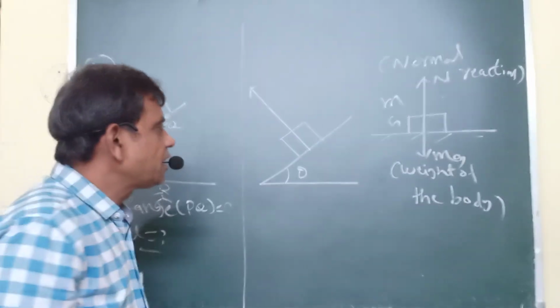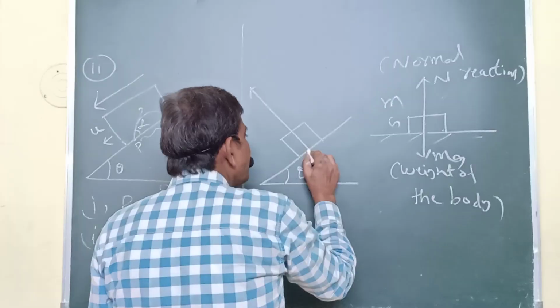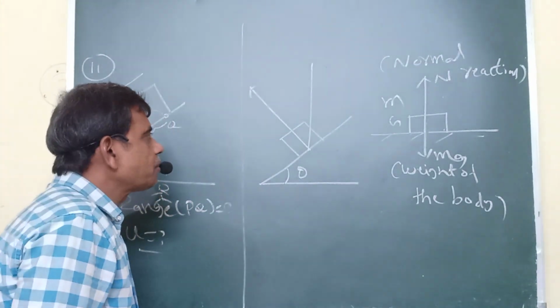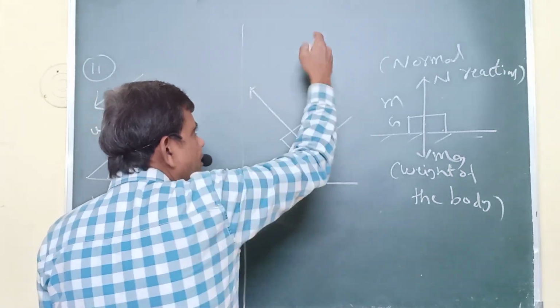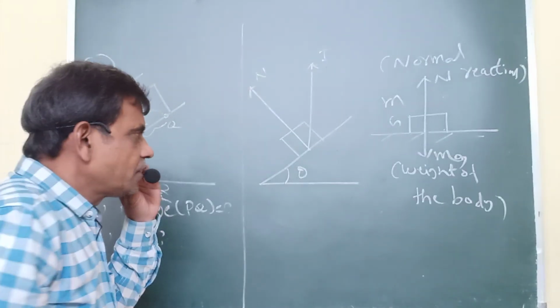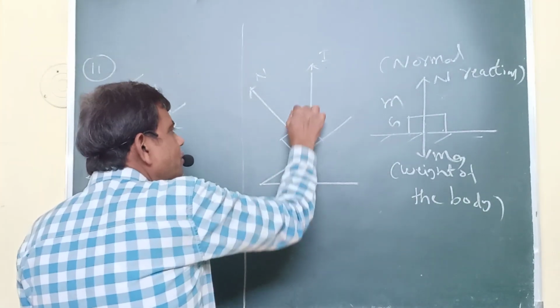This is the actual normal reaction. This is the initial normal reaction, and this is our present normal reaction. How much angle is it making? As much as we inclined the plane, that much angle it is making.